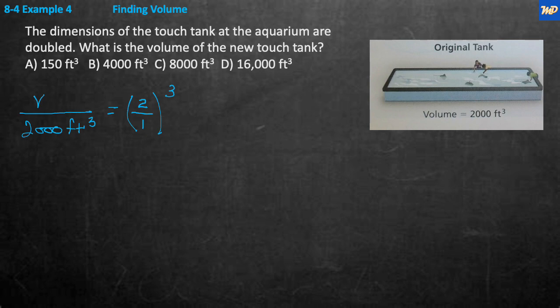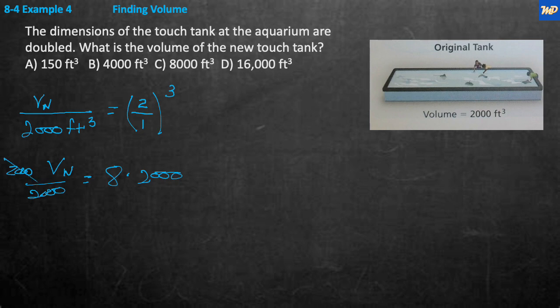So the volume of the new tank, I'm going to put an N here, is going to be equal to, we're going to multiply both sides by 2,000 to get the volume of the new tank by itself. So I'm going to have the volume of the new tank, 2,000 over 2,000, is equal to 2 cubed, which is 8, times 2,000, because I have to multiply both sides by the same thing.